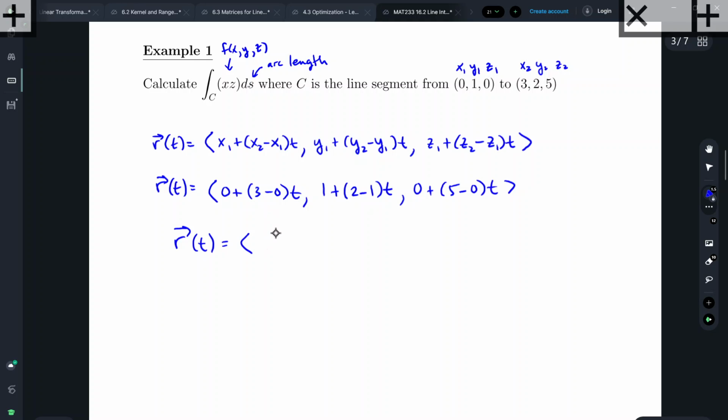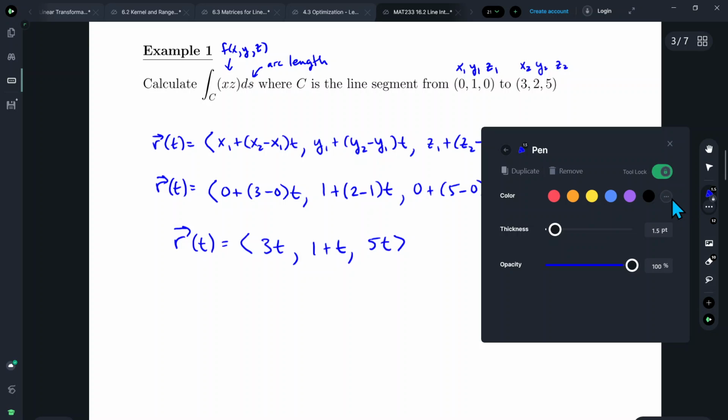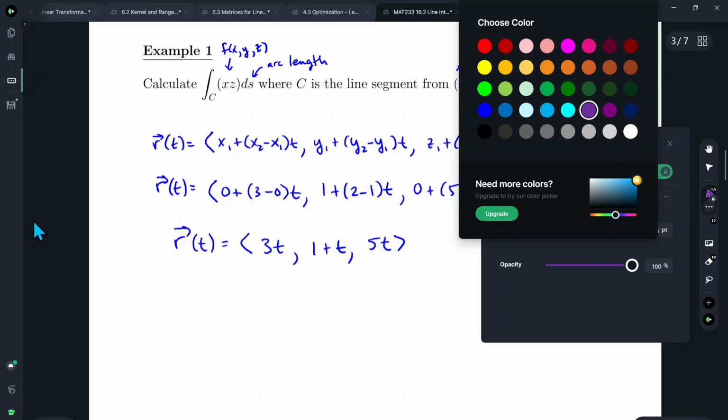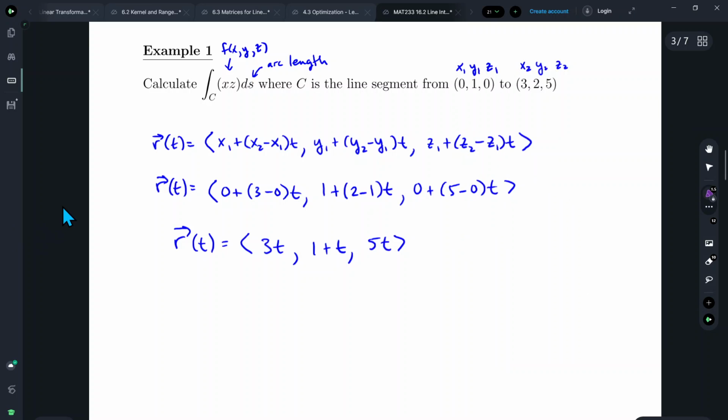The x component is 3t. The y component is 1 plus t. And the z component is 5t. Let's just make a note again that for this curve, this is the x component, this is the y component, and this is the z component.